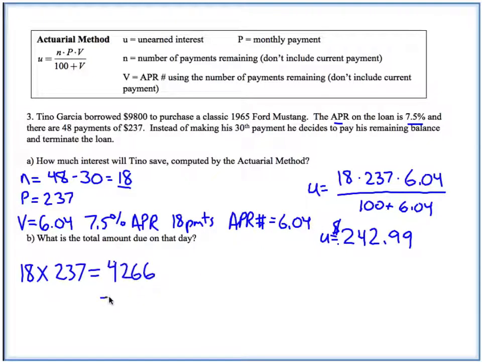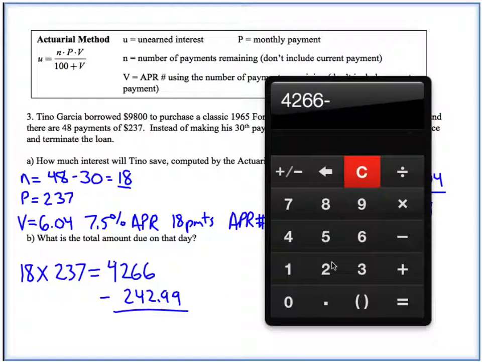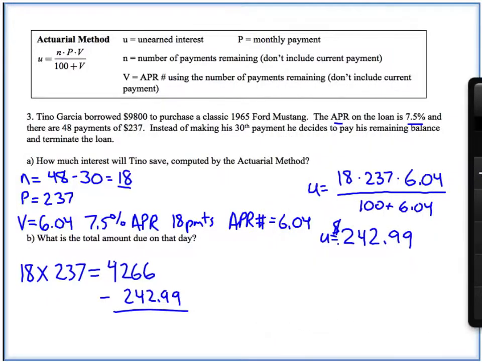He's going to be saving $242.99. Let's go ahead and subtract that. So $4,023.01.